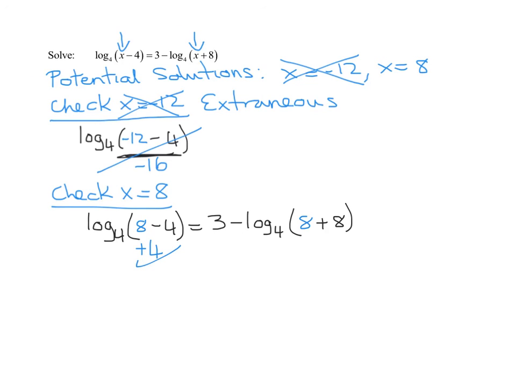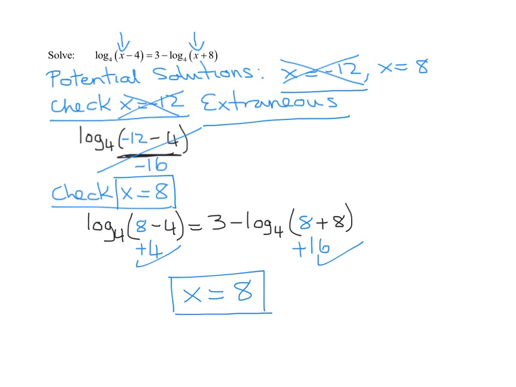Well, 8 plus 8 is 16. That's a positive number. That means this is not an extraneous solution. Therefore, what is the answer to this equation? The solution to this equation only has one answer, x equals 8, because x equals negative 12 was extraneous.